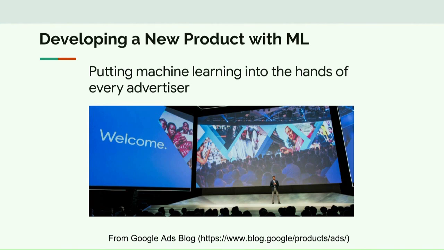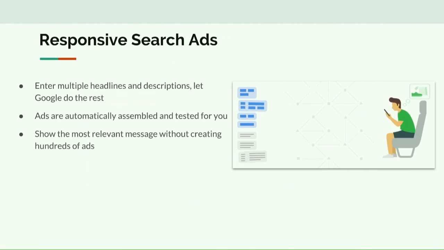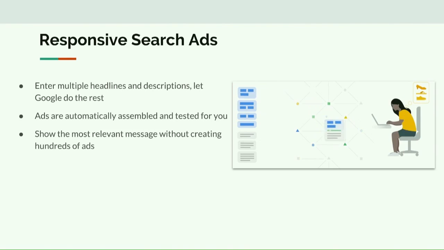So the result of this thought process was a product that we call responsive search ads that we announced in the Google Marketing Live in July of this year. And what the product does is, in order to reduce the burden on the advertiser, we basically say, you don't have to keep tweaking or modifying your creatives every day. You give us some seed content, and this is just a starting point, and we will figure out what are the right combinations that we need to generate in order for you to meet your needs.